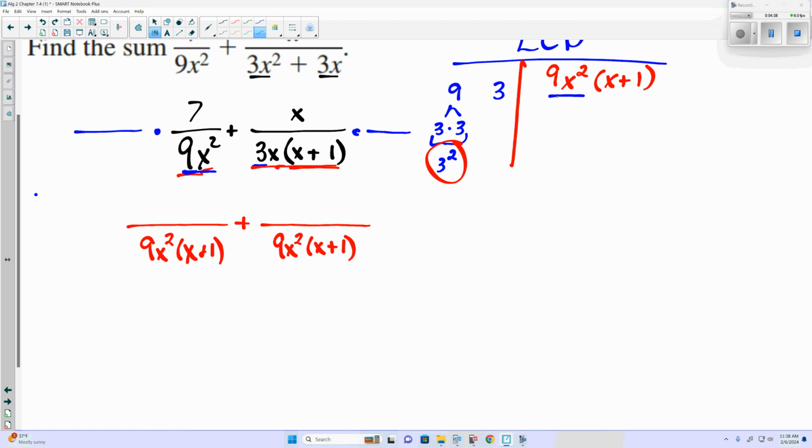The only thing it's missing is x plus 1 to get these to be the same. And our 9x squared times x plus 1 is 9x squared times x plus 1. Now the numerator, we can multiply both of these terms by 7. Our 7 times x is 7x. Our 7 times 1 is plus 7.